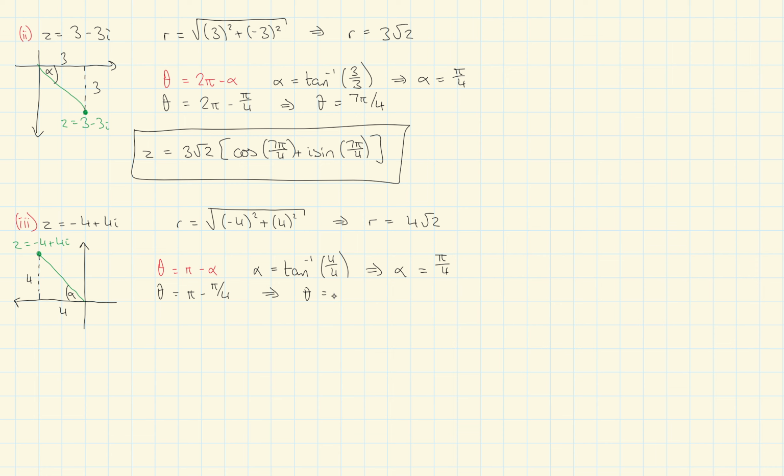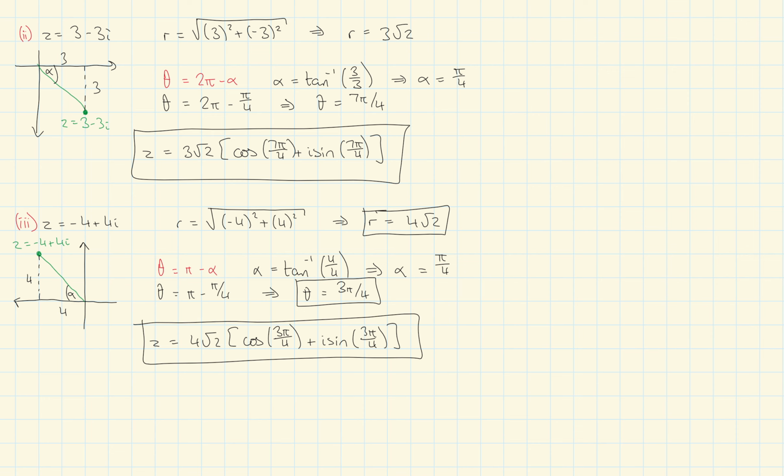So theta equals 3 pi over 4. I have theta, I have r, so we can set up our complex number. So it's 4 root 2 times cos of 3 pi over 4 plus i sine 3 pi over 4.